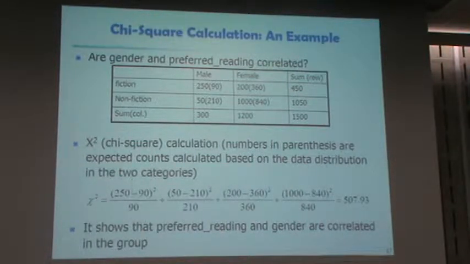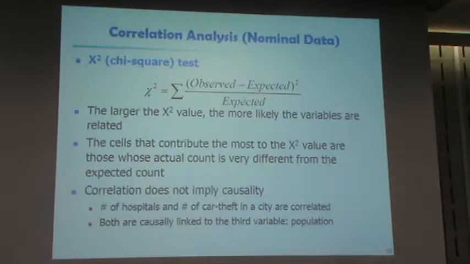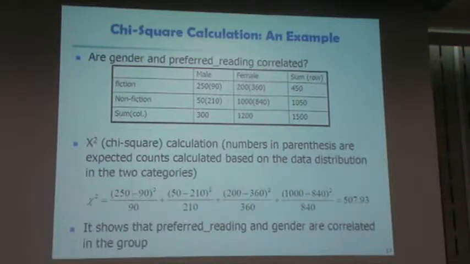Something weird, which means they are related. How can we calculate such correlation using this equation? Observed minus expected, for each cell. Observed 250 minus expected 90, that is 160 squared, divided by the expected, the denominator 90. Doing this for each cell gives 507.93.